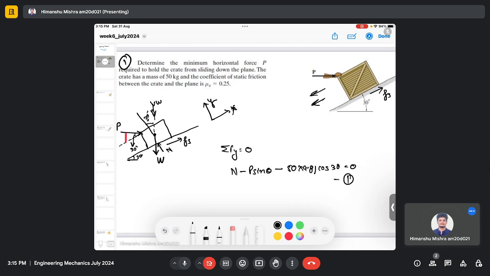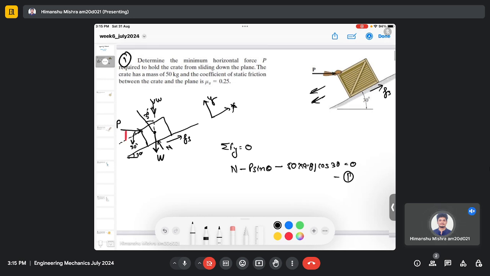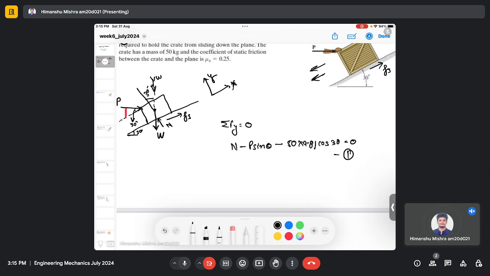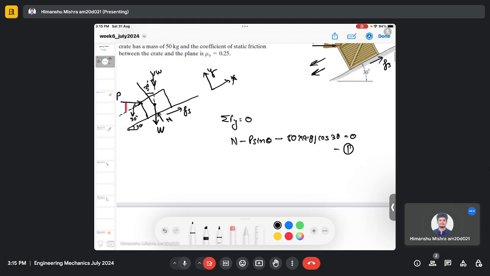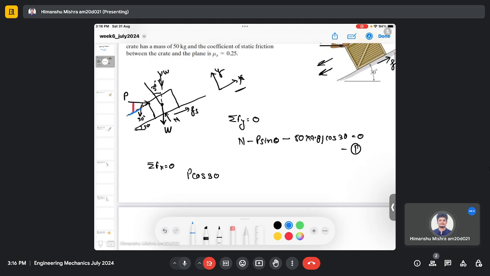So as of now we have just written down the equilibrium equation which we were doing from the past weeks, and a similar exercise we can do with the x-axis. The summation of force in the horizontal direction, or in the x direction, should be 0 due to equilibrium, and the force will be P cos 30. Here the component I am considering is this component because this is in the x direction.